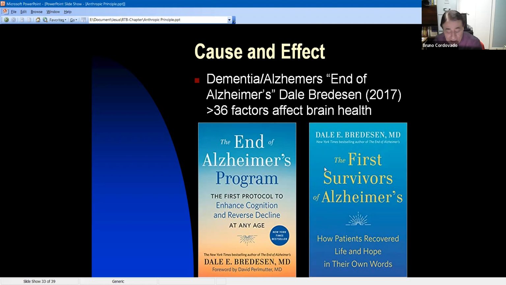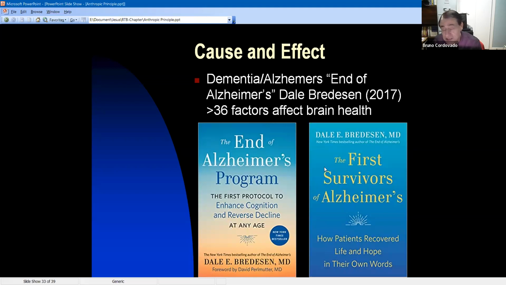So Dale Bredesen says that what Alzheimer's really is, is the brain responding to various effects by downsizing. And apparently there's 3 different types of Alzheimer's, and each is a response to different triggers. The first one is caused by inflammation, caused by too much sugar, infections, or other causes. The second one is not enough nutrients in the brain.